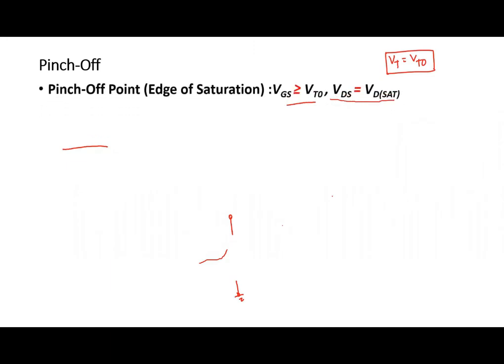Another point of interest is pinch off. Regarding pinch off, here you can see it's the point at which your device is moving into saturation, or we can say the edge of saturation.